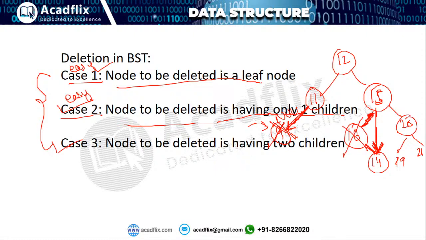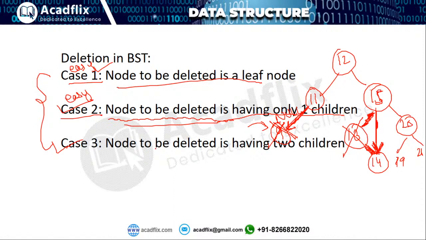So there is one extra step that we need to do before the deletion: whatever my parent was pointing to, now it will point to its only child. 13 was to be deleted and its only child was 14. So 13's parent pointer will now point to 13's child node. In this way we were able to take care of 13's only child.